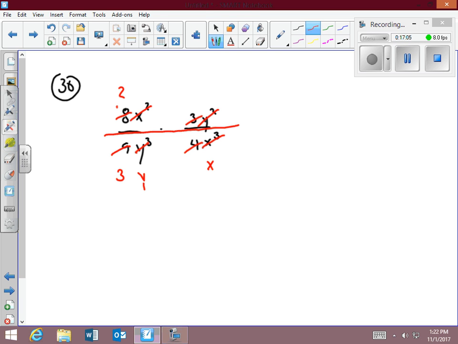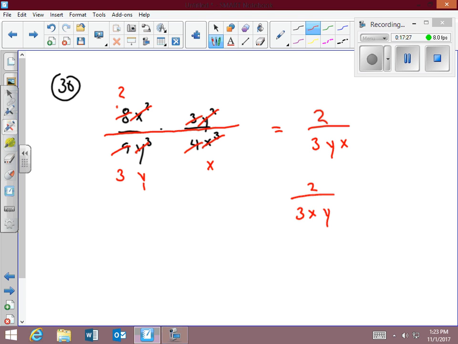Now just accumulate what's left. In the numerator there's just a 2, right? And in the denominator, you have 3yx. Now, probably this would be written as 2 over 3xy.